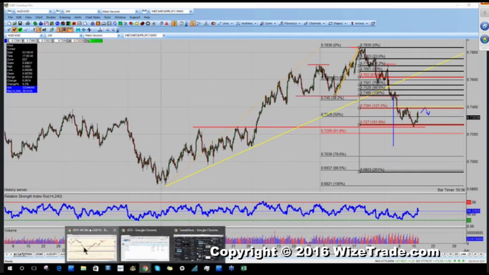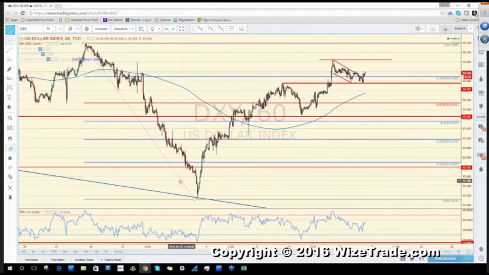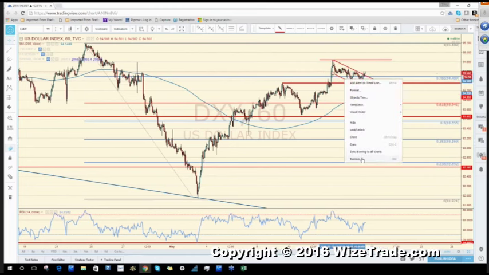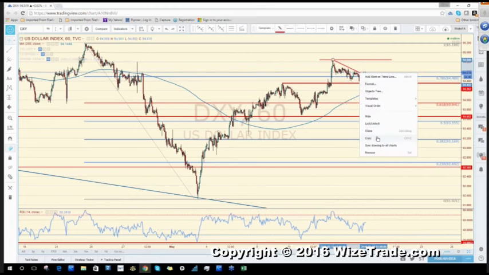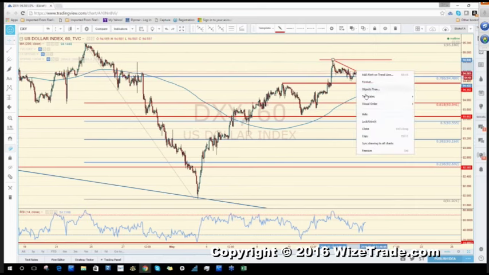All right, let's take a look at the dollar. Okay, here's the dollar. We drew this possible flag pattern yesterday, right? You can extend that out, something like this.